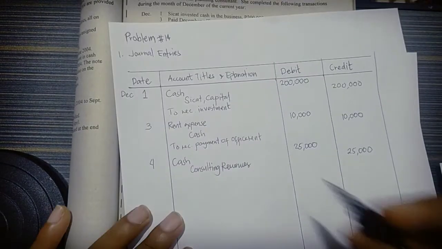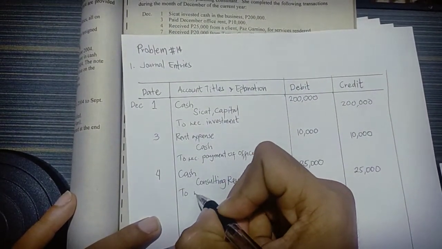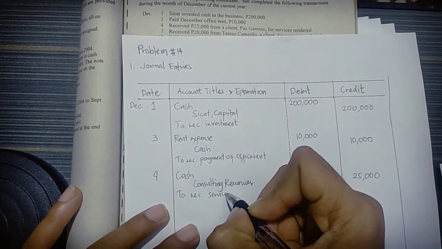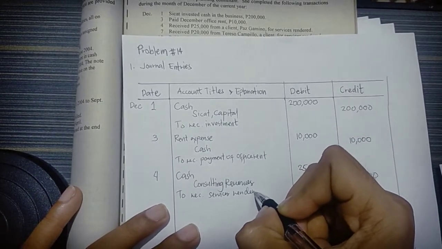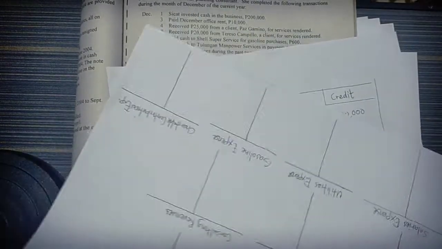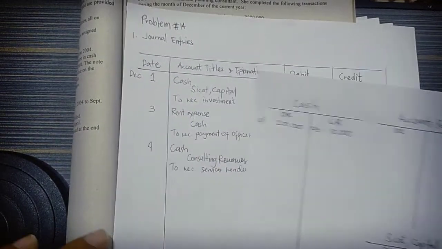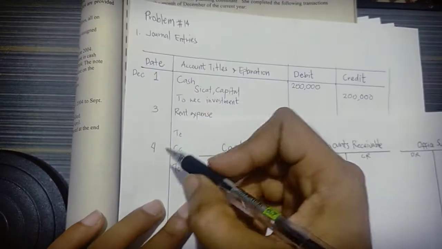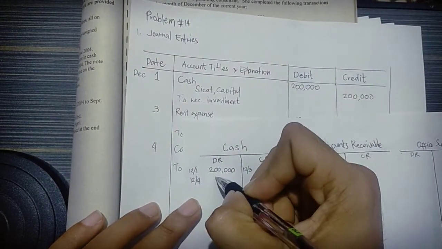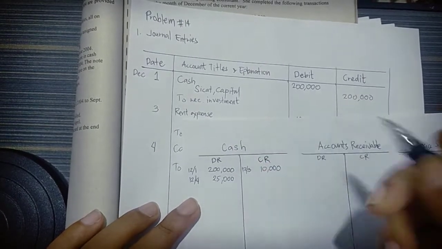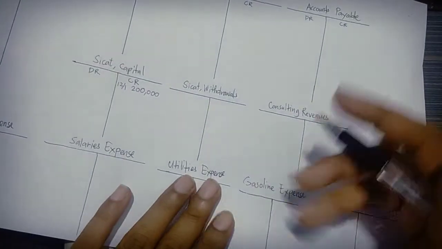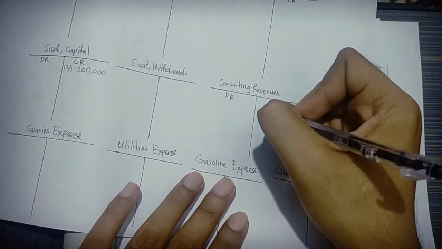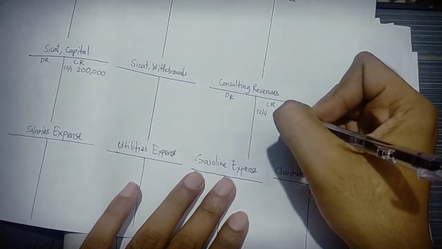Of course, this is to record services rendered. Then, reflect again dito sa ating accounts. So, debit cash, 25,000. So, don't forget the date. Then, credit consulting revenues, 25,000.